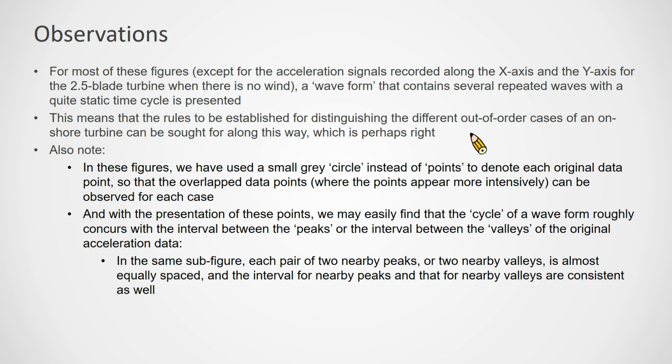And the time cycle of a waveform can roughly concur with the intervals between two nearby peaks or between two nearby valleys in the original signal. This means that perhaps the rules to distinguish the different malfunctional cases of blades can be established on this basis.